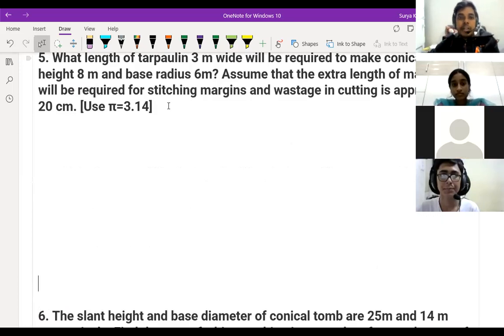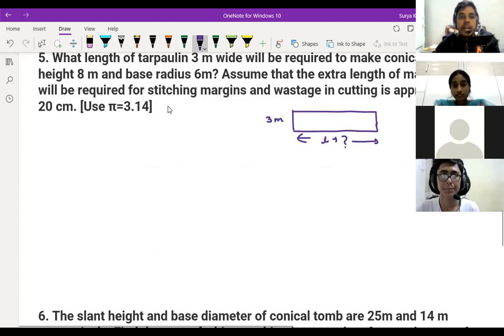So we have to make a conical tent. So what is given in the question, that first we have to write here. We are using tarpaulin, a plastic kind of sheet. This length we don't know, but we know the width of this. This is 3 meters. So what length of tarpaulin do we have to use?